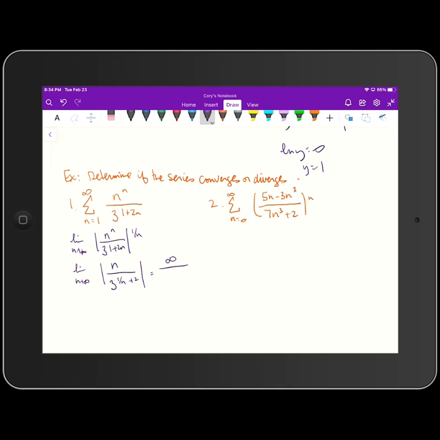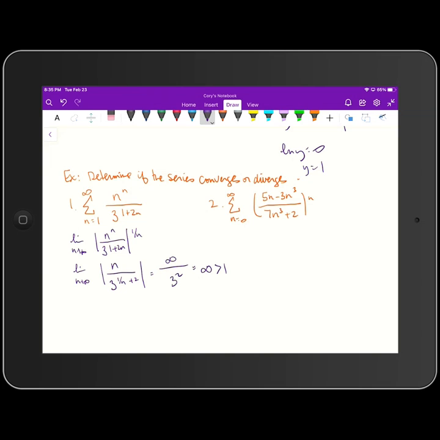And the denominator, 3 raised to the 1 over n power, as n gets big, 1 over n goes to 0. So our denominator winds up becoming 3 to the 0 plus 2 power, which is 3 squared, which is 9.